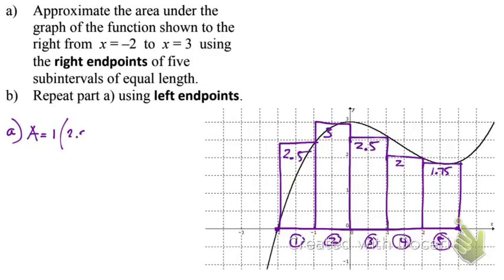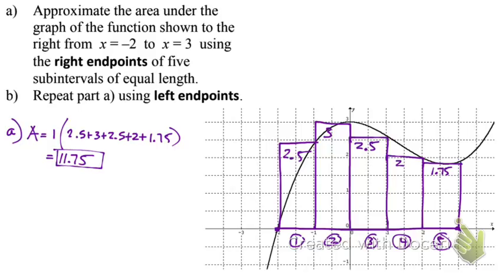So 2.5 plus 3 plus 2.5 plus 2 plus 1.75. And again, please feel free to use a calculator for this. I don't necessarily need you to do it by hand. So 2.5 plus 3 plus 2.5 plus 2 plus 1.75 times 1 is 11.75 units.